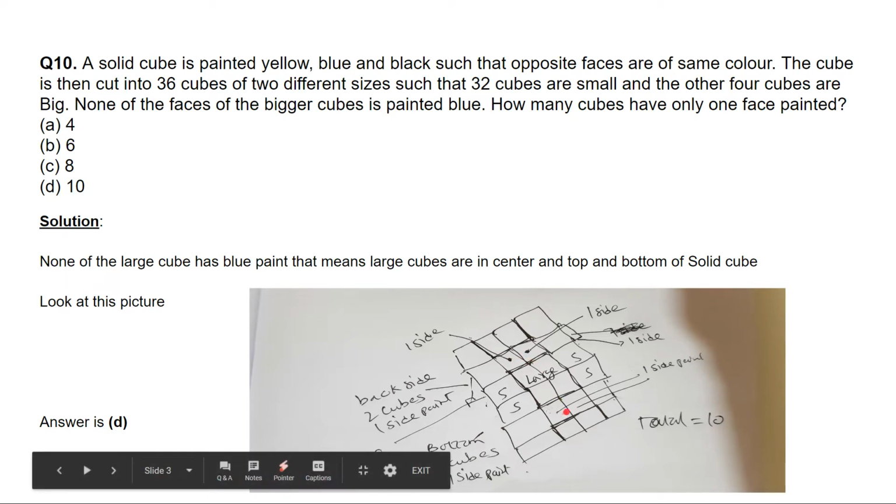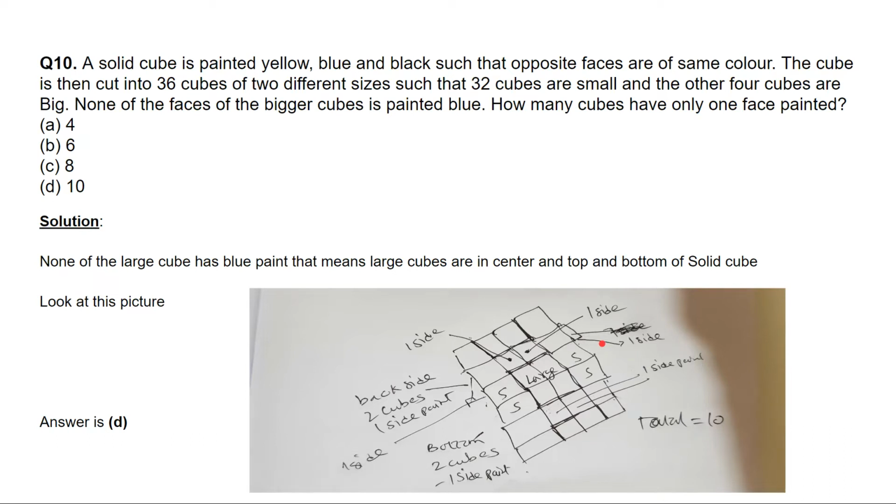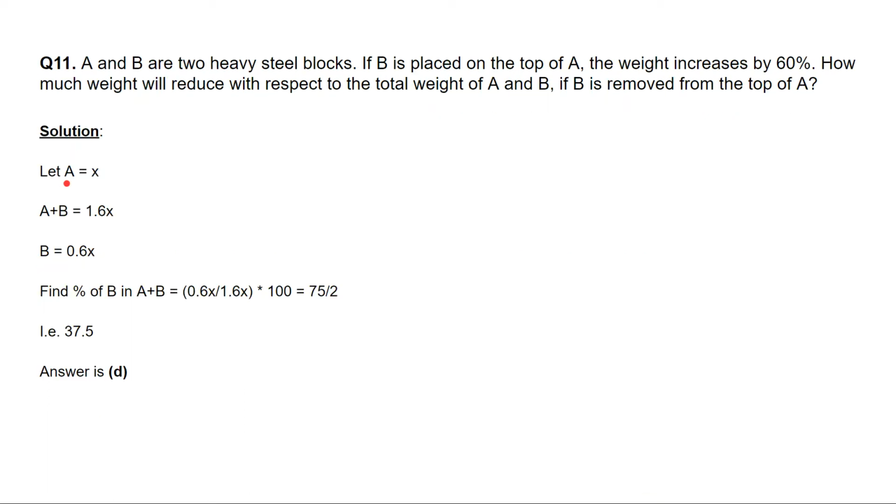Similarly, these two on the side will also have one side painted. On the back side there will be two others, on the bottom two others, on this side of the face there will be two, and on this side there will be two such cubes which have only one side painted. So in total there will be around 10 cubes which have just one side painted. So the correct answer here is D. Let's move to the next one.